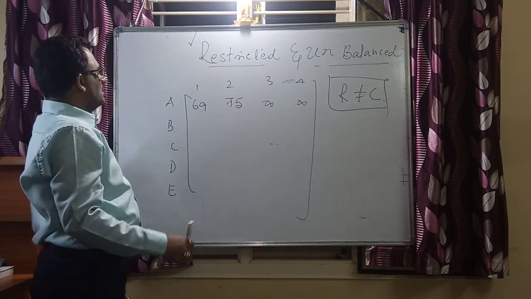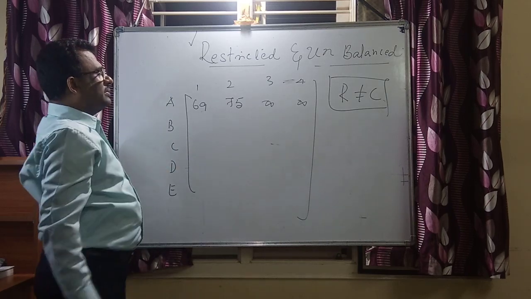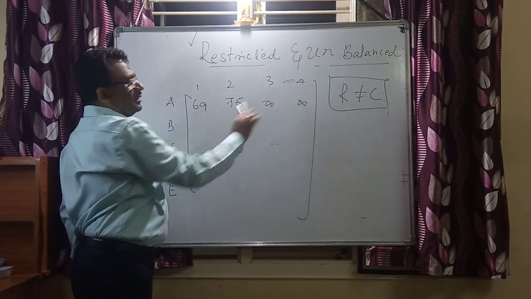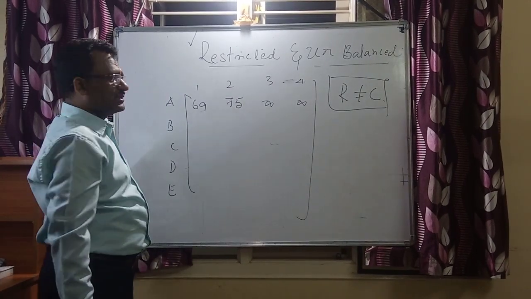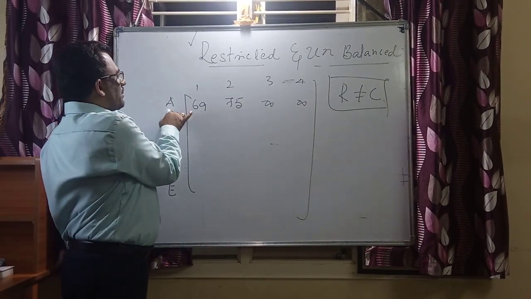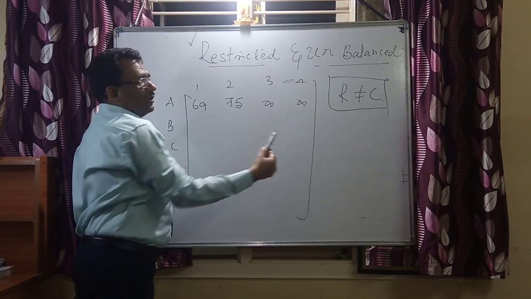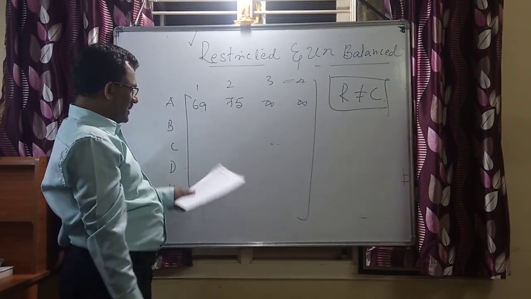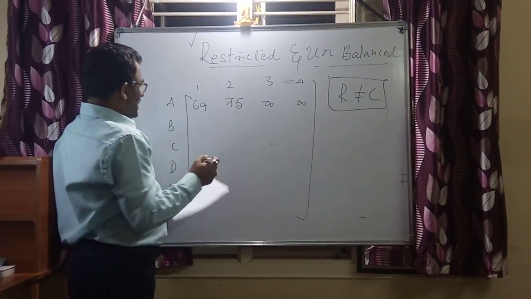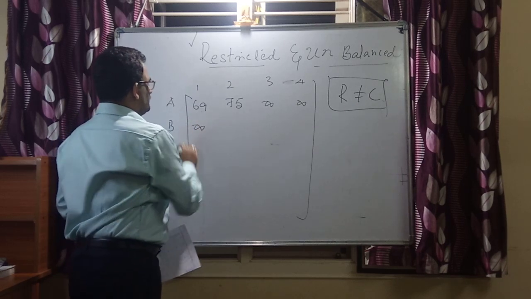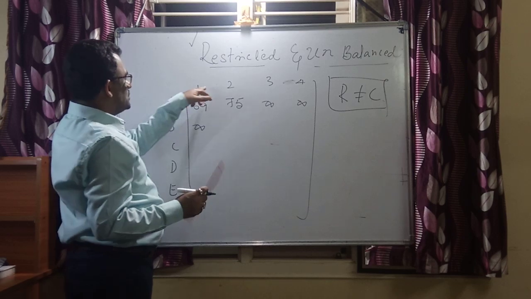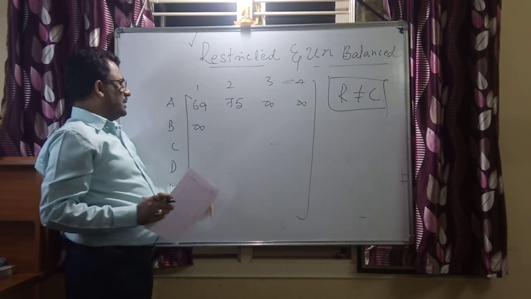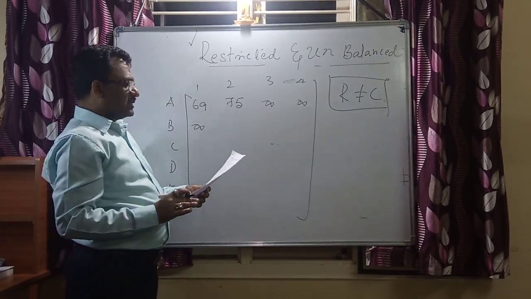Infinity refers to a job and employee 3. That is a restriction. You cannot give this job to this man. Again, job A and employee 4, there is a restriction. You cannot allocate it. And if you say B, again there is a restriction: employee B and job 1, you should not allocate. There is a restriction again.